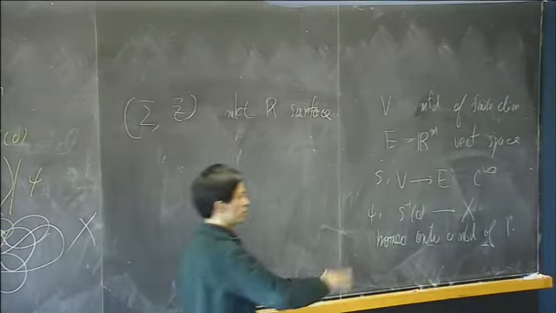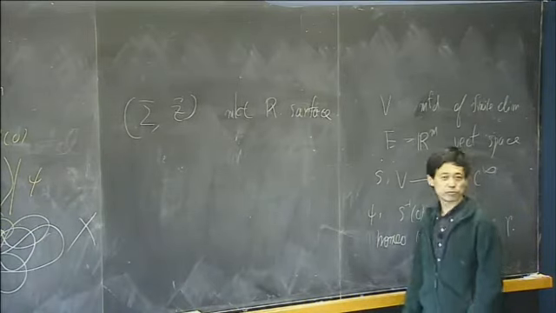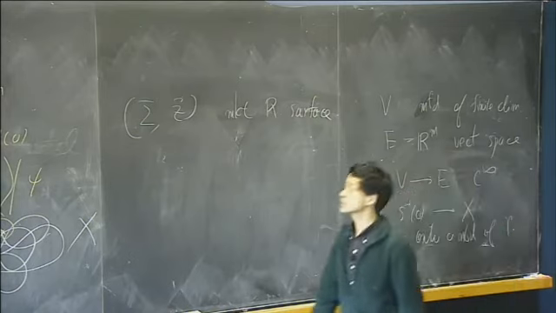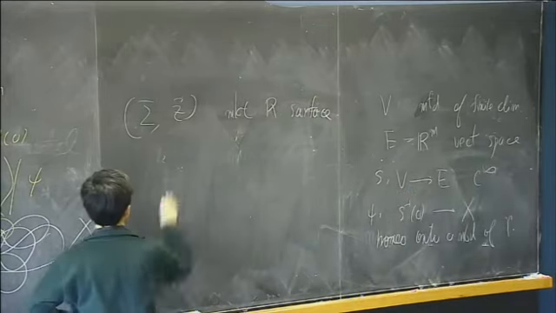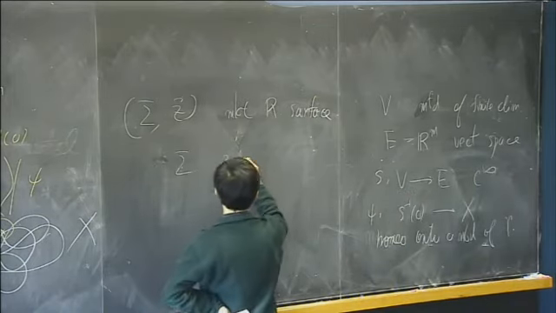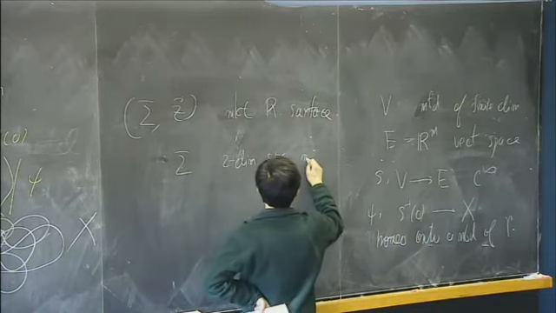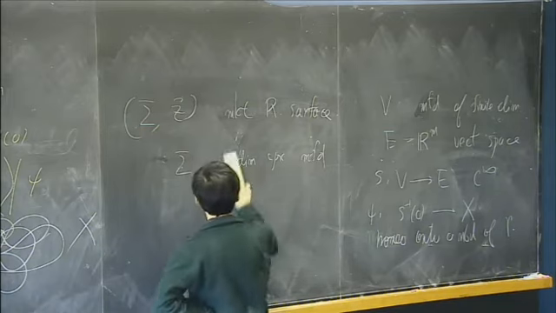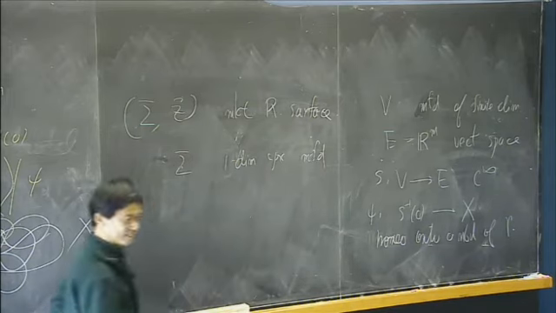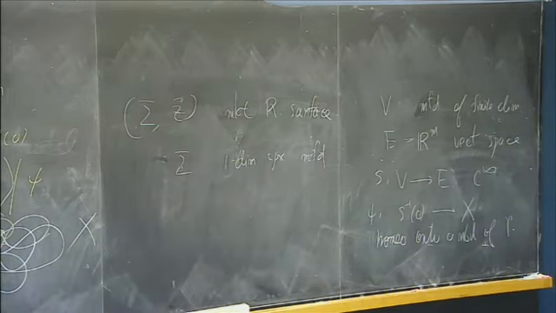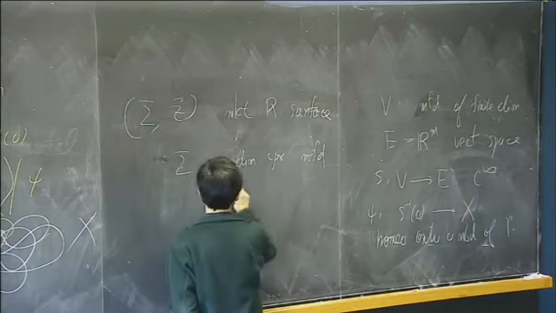It came from the study of deformation theory of complex structures. So we consider a marked Riemann surface. This means a real two-dimensional, or maybe better to write one-dimensional complex manifold, because then there is no confusion. So we have a one-dimensional complex manifold which is compact without boundary.